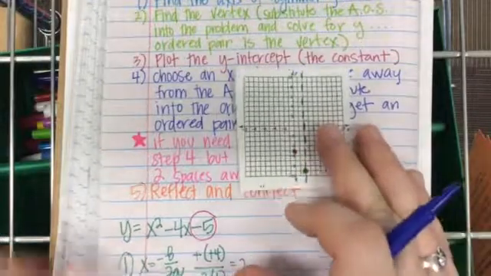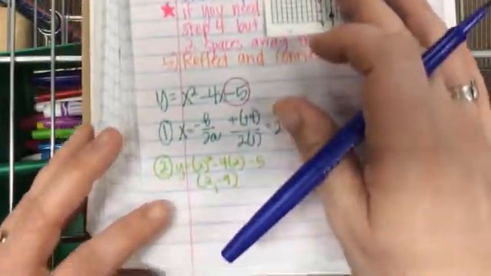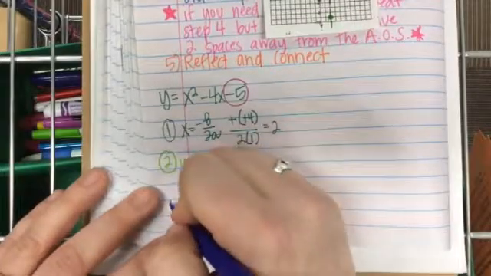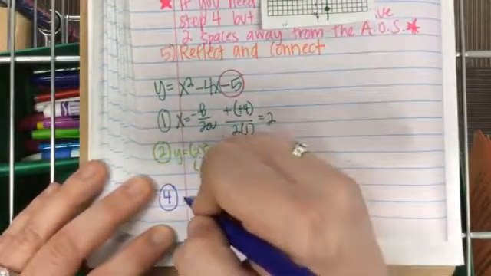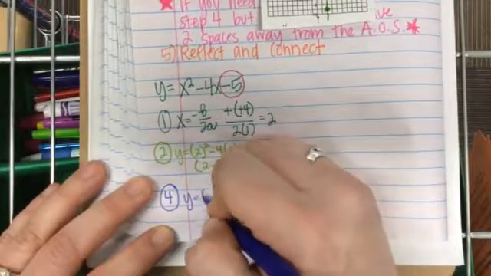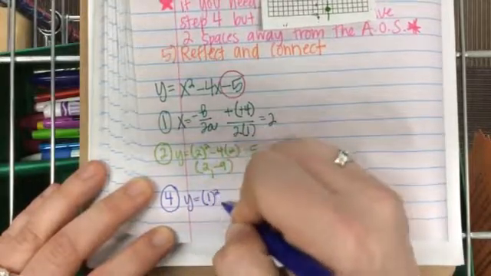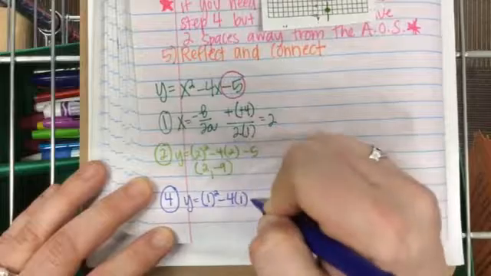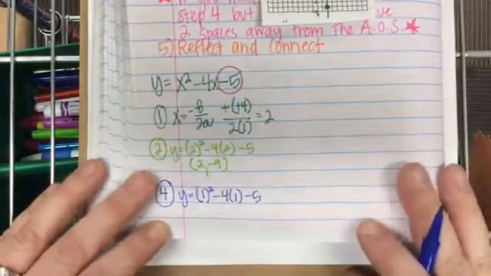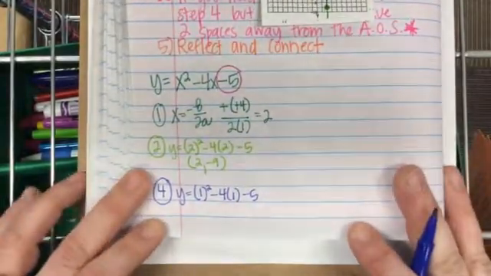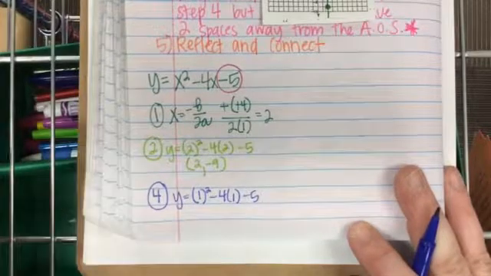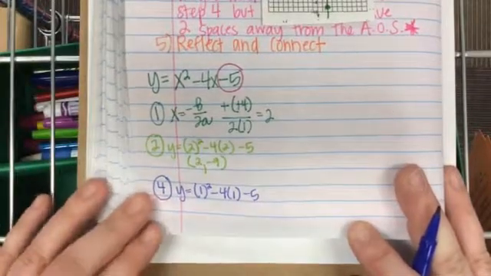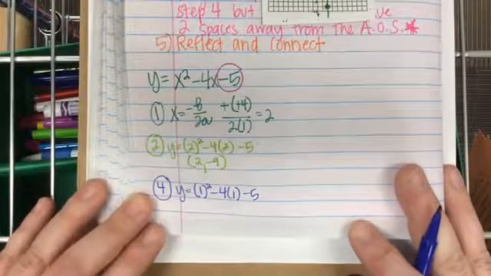It doesn't matter which side. So y equals 1 squared minus 4 times 1 minus 5. I mean, you could pick any number, I'm just giving you a hint that this is the easiest way. Could you pick 15? Yes.